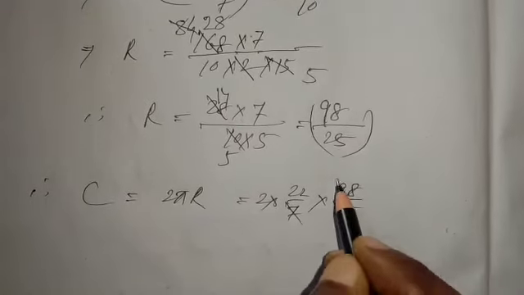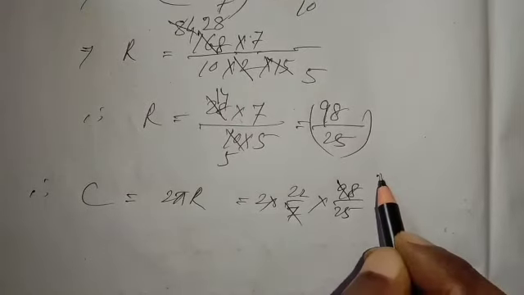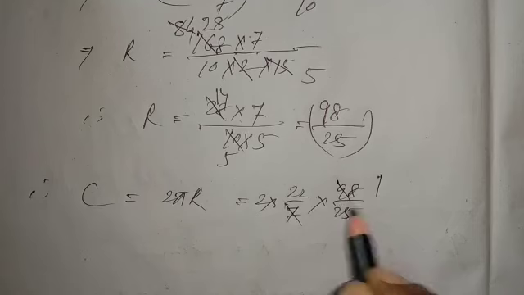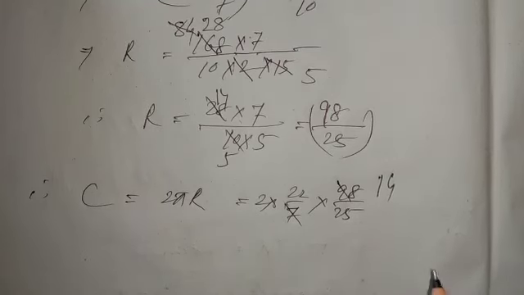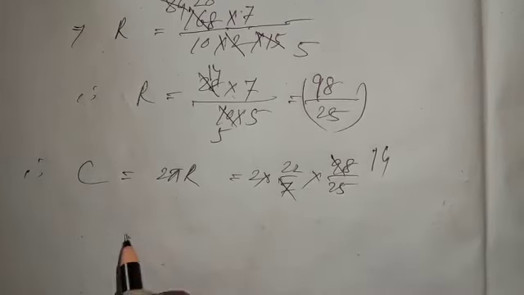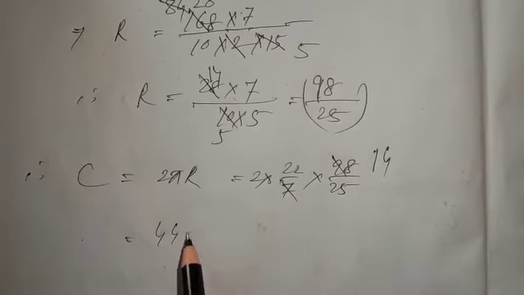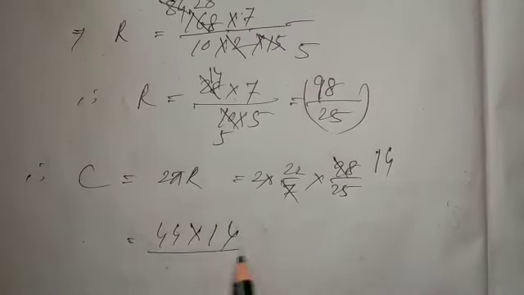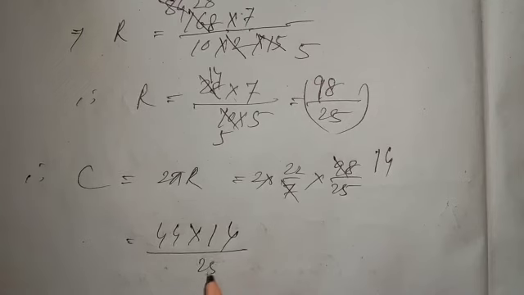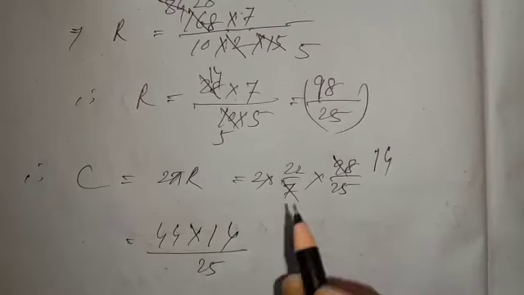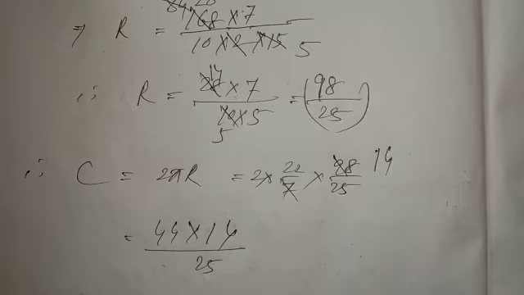It will go by 7: 7 ones are 7, 7 fours are 28, 14 7s are 98. Now it is coming 44 into 14 by 25. Now just calculate, you will get the result.